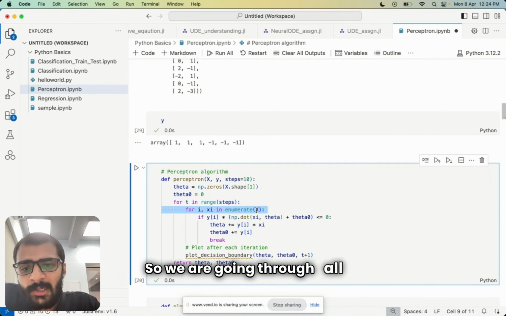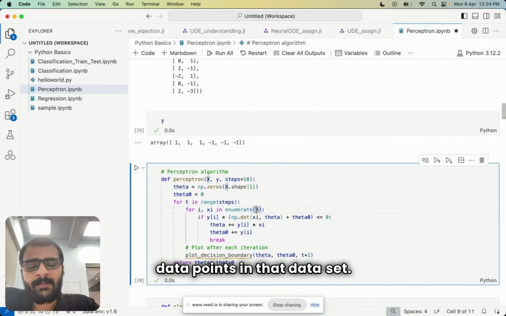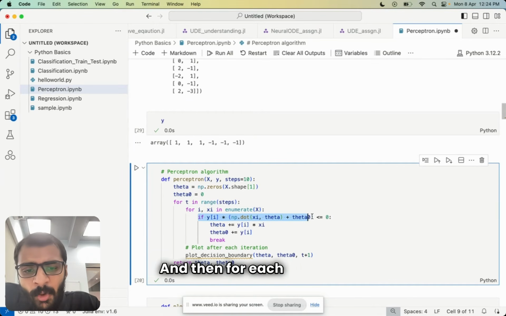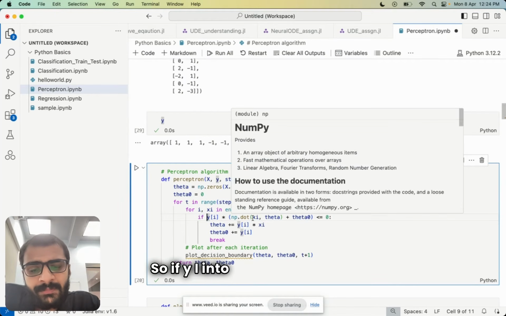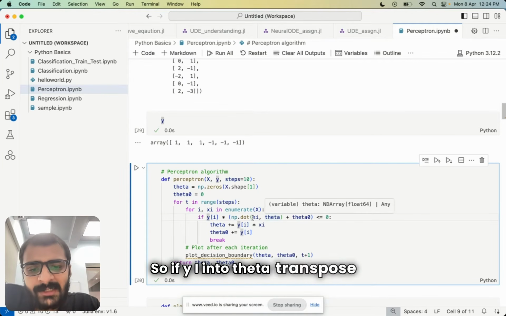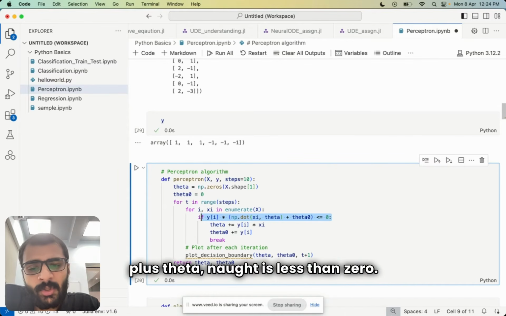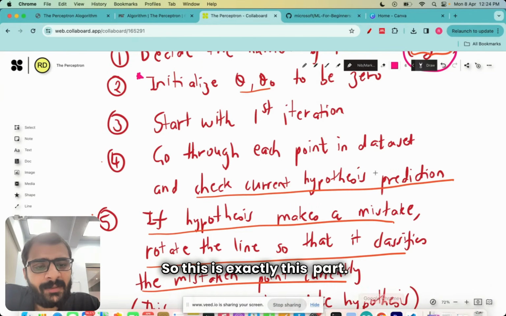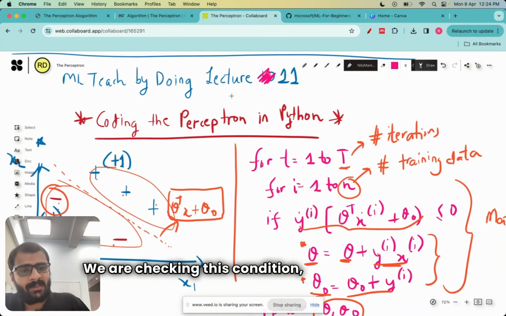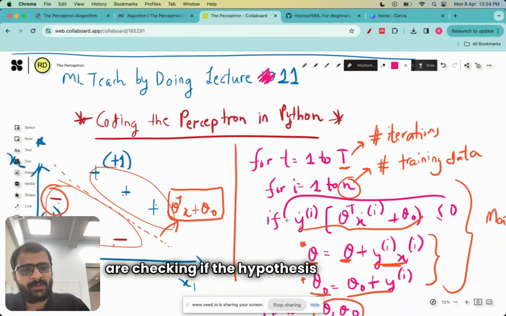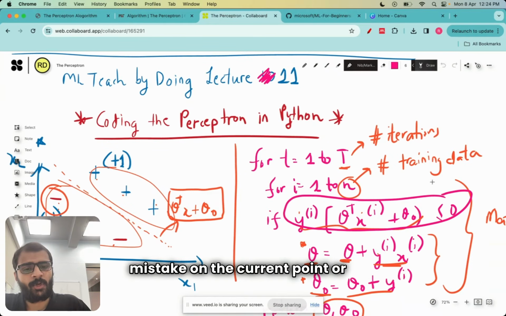So we are going through all the data points in that data set, and then for each point we have to check this condition, right? If yi into theta transpose x plus theta naught is less than 0, this is exactly this part. We are checking if the hypothesis is making a mistake on the current point or not.